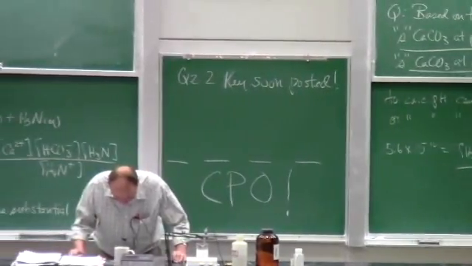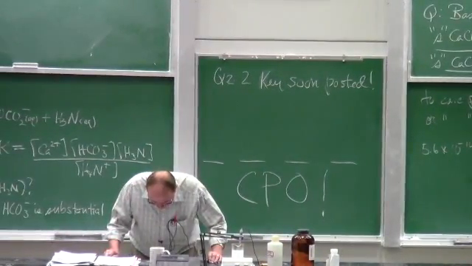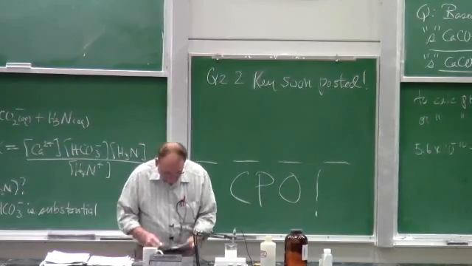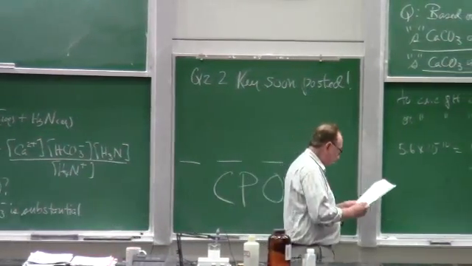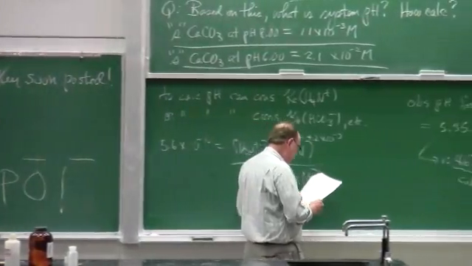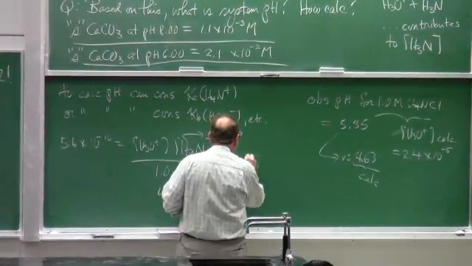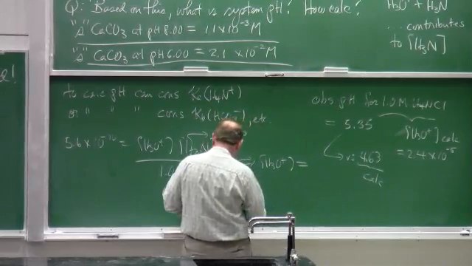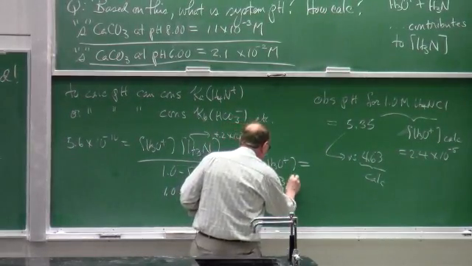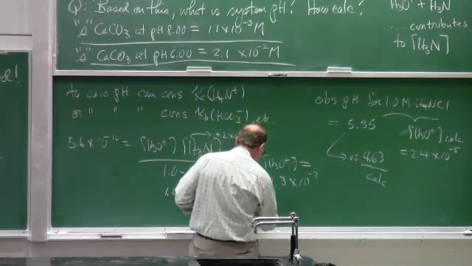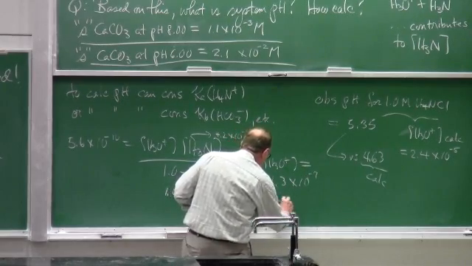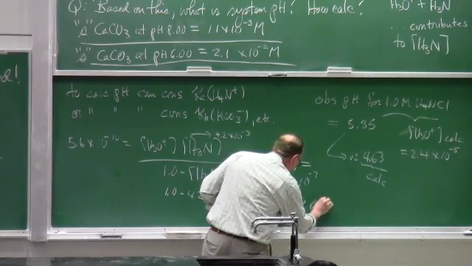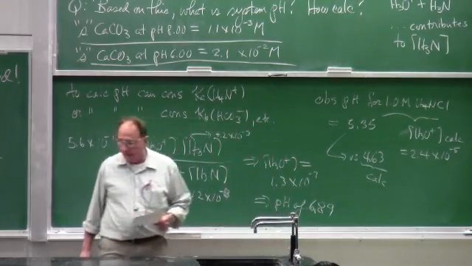Now I've done this calculation and I get a hydronium ion concentration of 1.3 times 10 to the minus 7, which corresponds to a pH of 6.89.